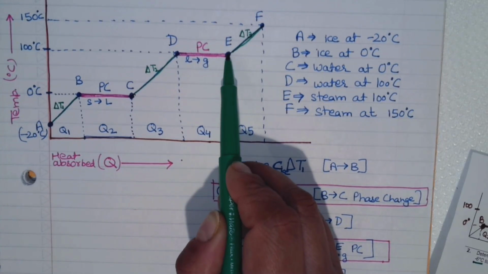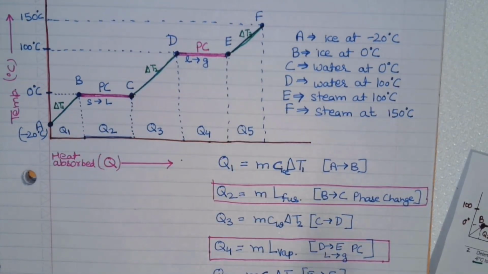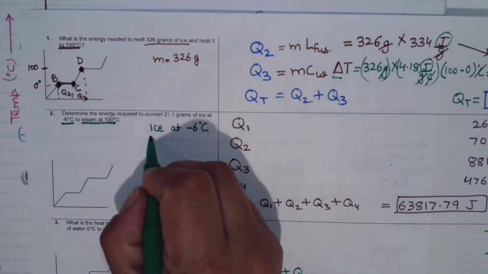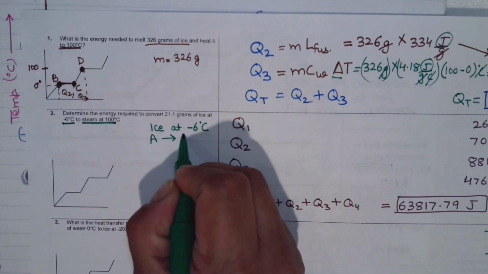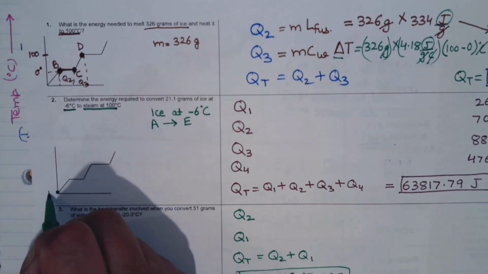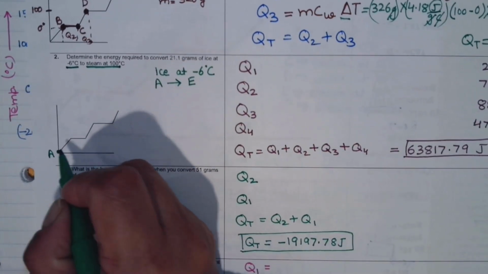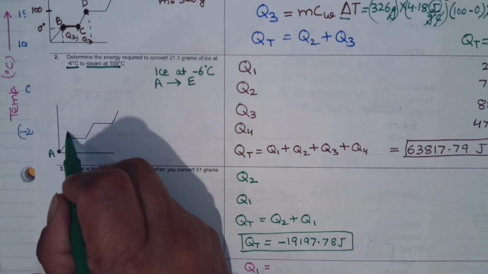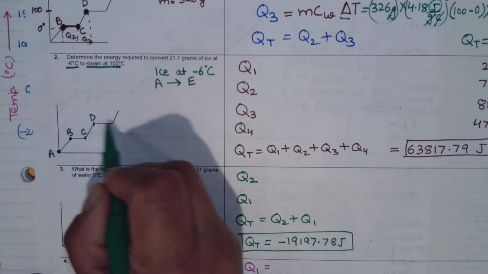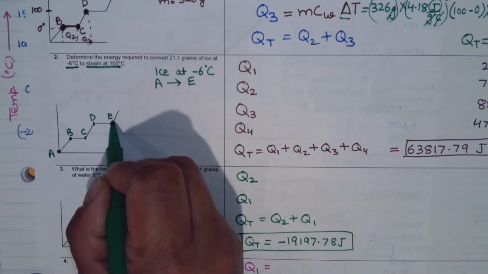So this means we are going to point E, from A to E. Okay? So this is point A, which is negative 6 degrees Celsius. We will go to point B, then to C, then to D, then to E. That is where we stop.